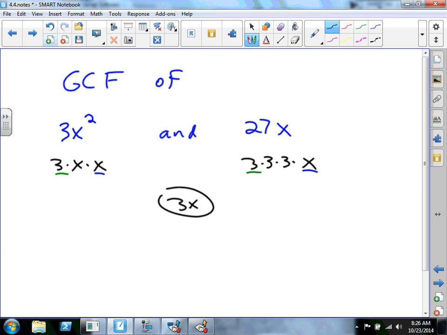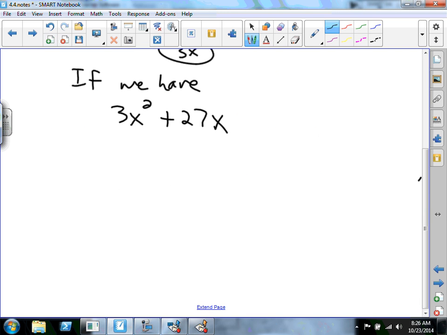Does that make a little bit of sense? So let's divide out the GCF then. If we have 3x squared plus 27x, what we can do to factor it is this. We divide by 3x, and it leaves 3x times some stuff.